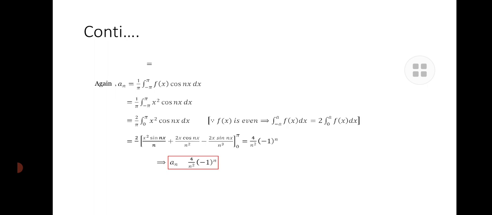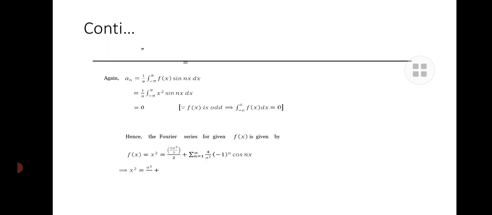So a_n is equal to 4 divided by n square into minus 1 to the power of n. In the same manner, we can define the b_n value, that is 1 divided by pi integral of minus pi to pi f of x sin nx dx. Here one function is even and another function is odd.